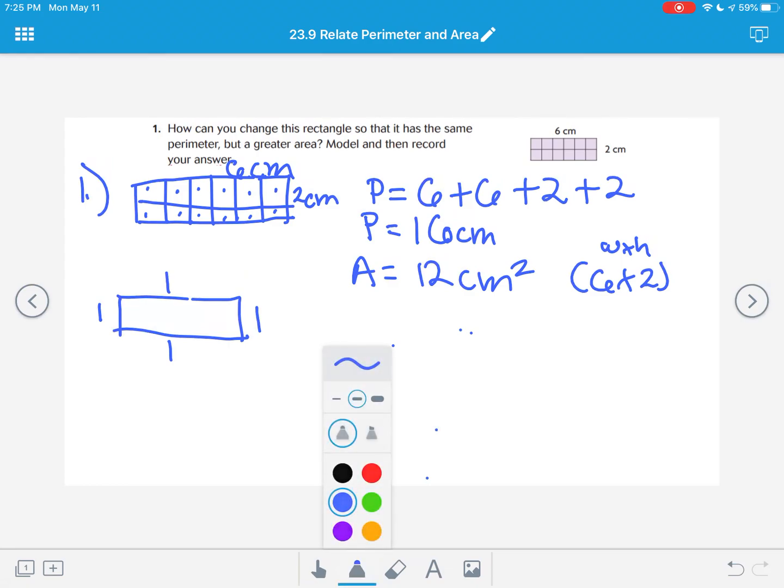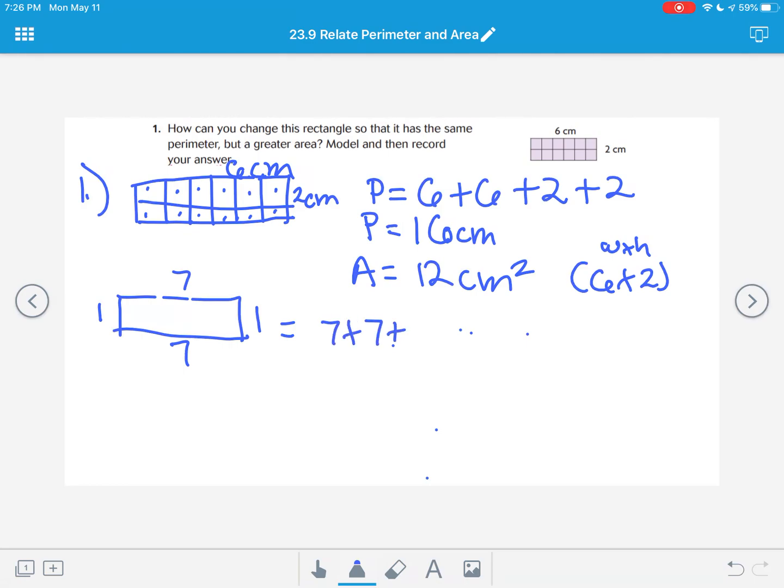Let's try doing, so if I do this, that will give me 7 plus 7 plus 1 plus 1, which would equal a total of 16 centimeters.